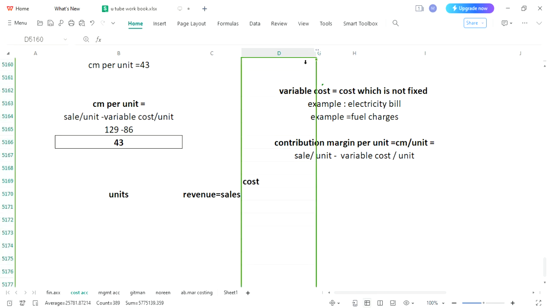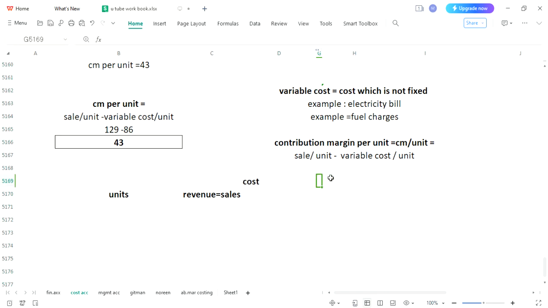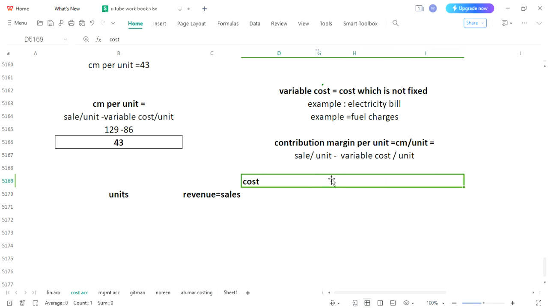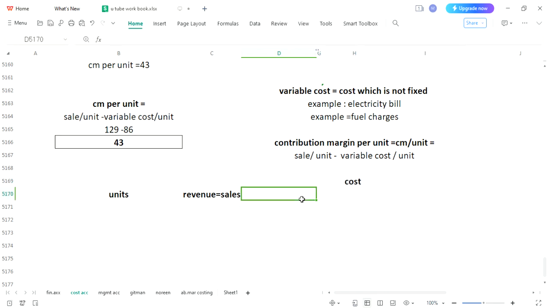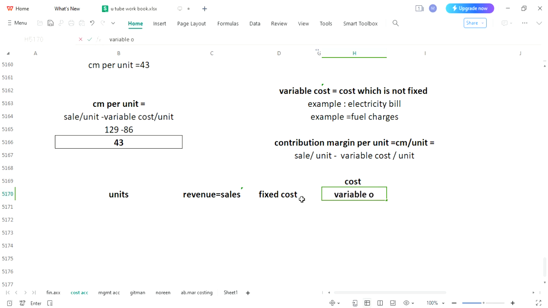Why have I chosen cost in 3 columns? There is a reason. In your question, you have already seen 3 different types of cost. One was your fixed cost, then you had your variable cost, and then you will get your total cost.